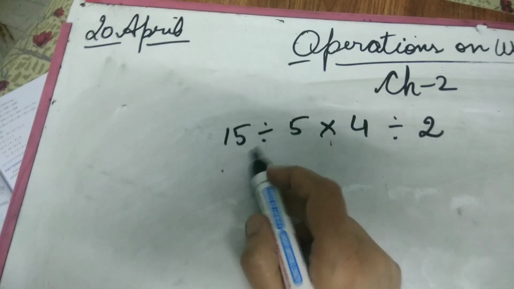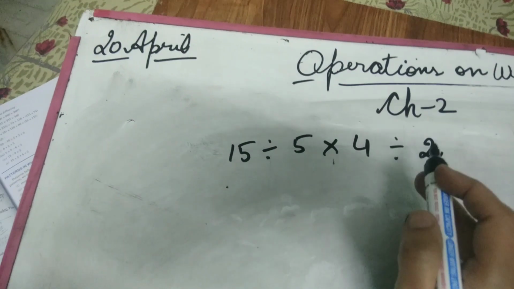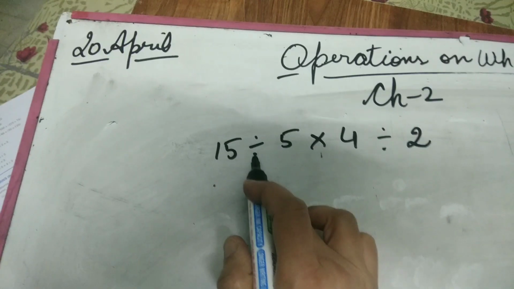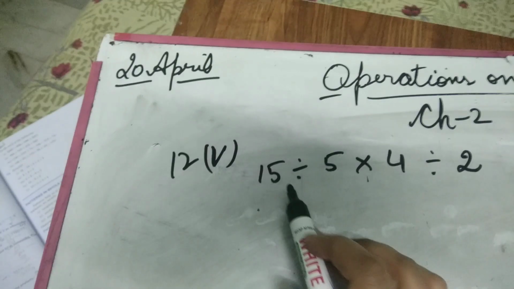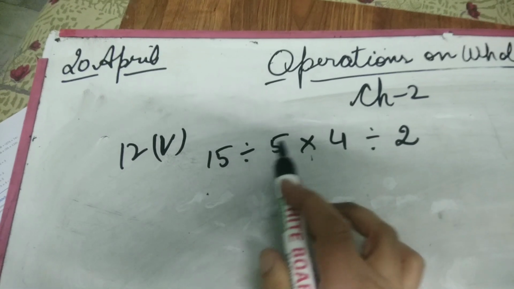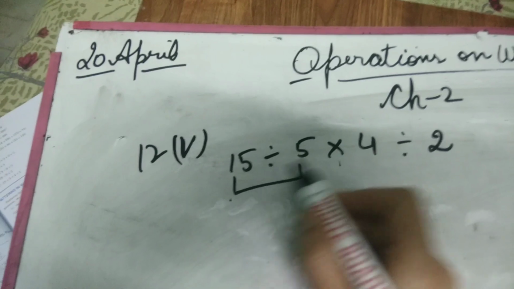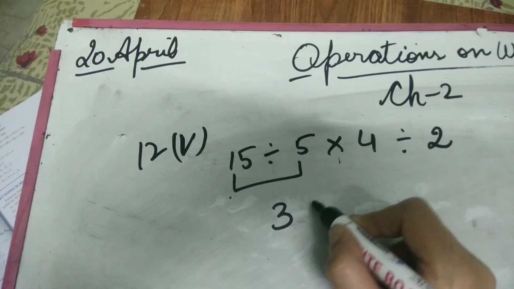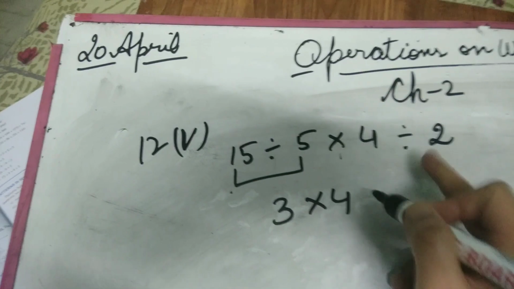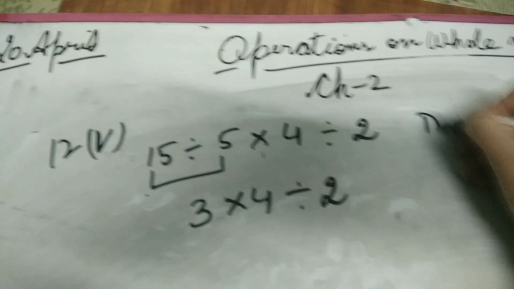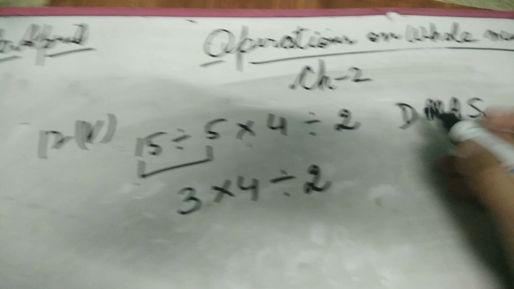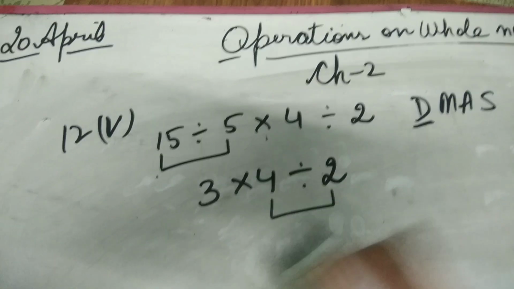In a situation like this where division is at two places, the division which is in the first place will be solved first. I'm doing question number 12, 5th part. 15 you divide by 5, you get 3, then into 4, divide by 2. Now next, according to the rule, division first, so this is to be done first.